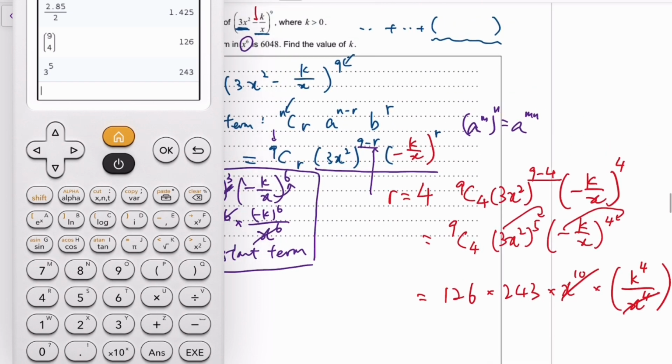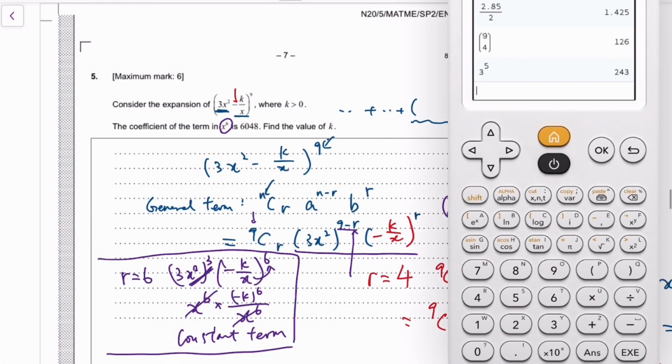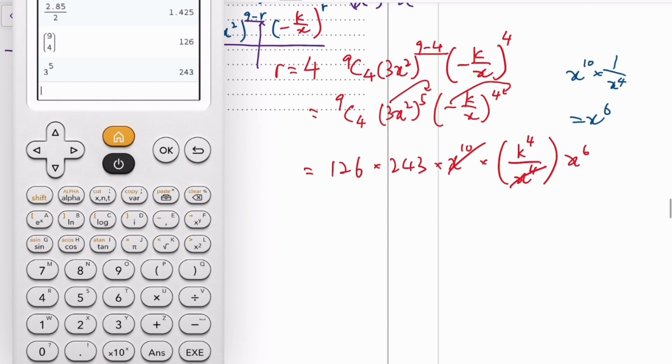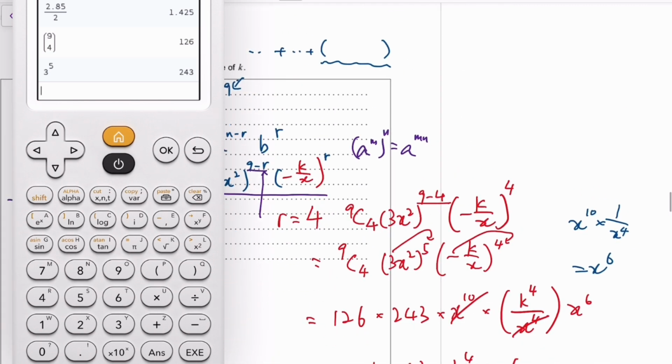Now the question says that the coefficient for x to the power of 6 is 6048. Coefficient means the x doesn't count. Therefore 126 times 243 times k to the power of 4 equals 6048.